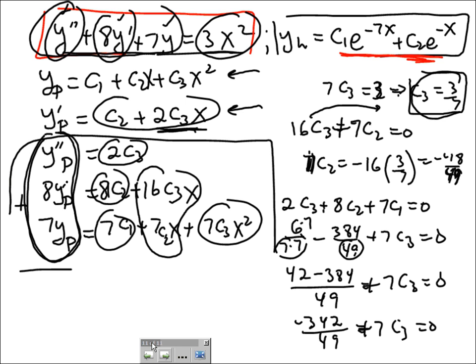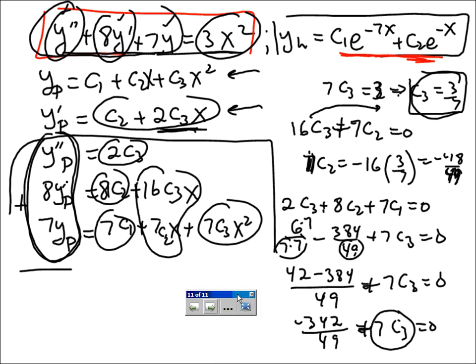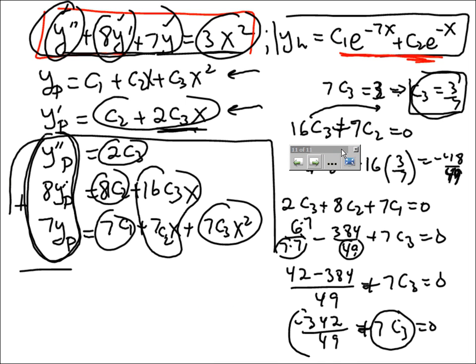So this must be positive 342 over 49. Additive inverses. If you're adding two numbers and you're getting 0, the numbers have different signs. That's negative 342 over 49. That must be positive 342 over 49. 7C1 is 342 over 49.